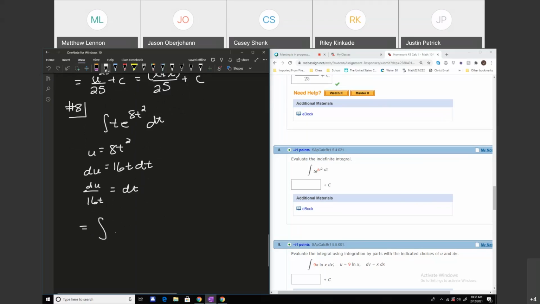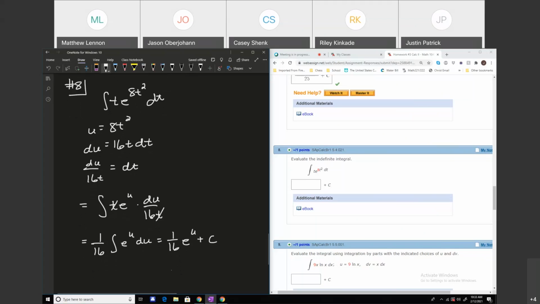So now we have the integral of t times e to the u times our du over 16t. So the t's drop out, and I've got 1/16 integral e to the u du, which will be 1/16 e to the u plus a constant.